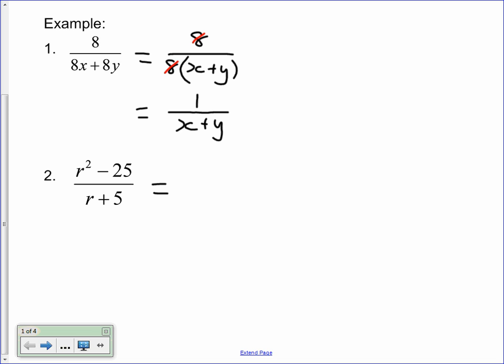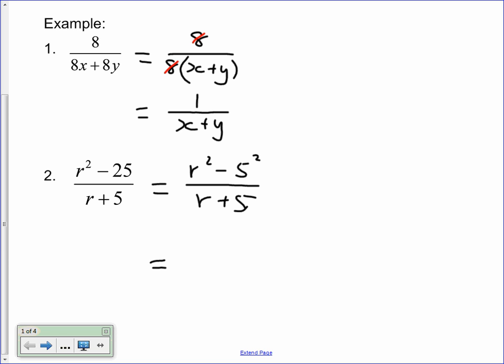So how do we factorize the difference of two squares? r squared minus 25 would become r squared minus 5 squared. You could write it like that if you like. So r squared minus 5 squared over r plus 5 equals... Brittany, tell us.